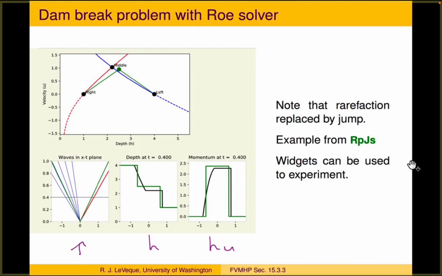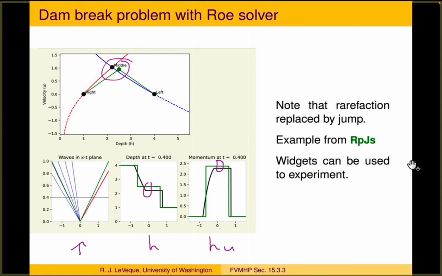So what we see in this particular Riemann problem is that the middle state is close to the true solution, and that shows up in these plots as h in this intermediate state is close to the correct value, and also hu is close to the correct value. And then we also see that in the approximate Riemann solution, we've approximated things with two waves that come out of this linear system, and so we have two jump discontinuities, whereas the true Riemann solution had a rarefaction wave.